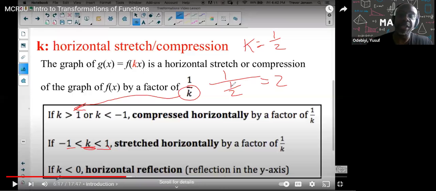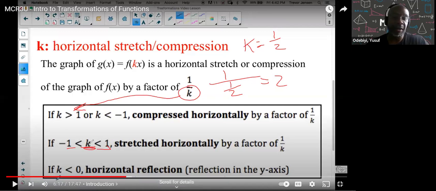That's what we're showing you here. This represents the K, but 1 divided by 1/2 turns into 2. So now 2 is a bigger number, so my graph is going to be stretching by a factor of 2.